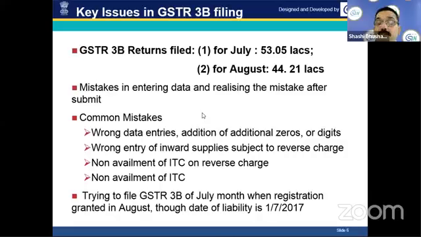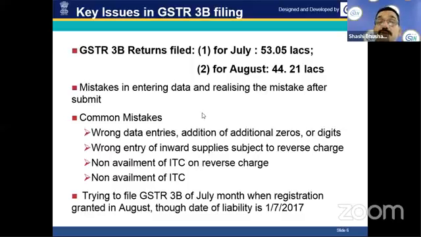Now, another problem which people have reported is that they applied for registration in the month of July, and they were granted registration in the month of August. Such people were trying to file the return for July, but as per law, and the application has also been designed as per law, taxpayers who get their registration in August, even if the date of liability was from 1st July, are not required to file the return of July.